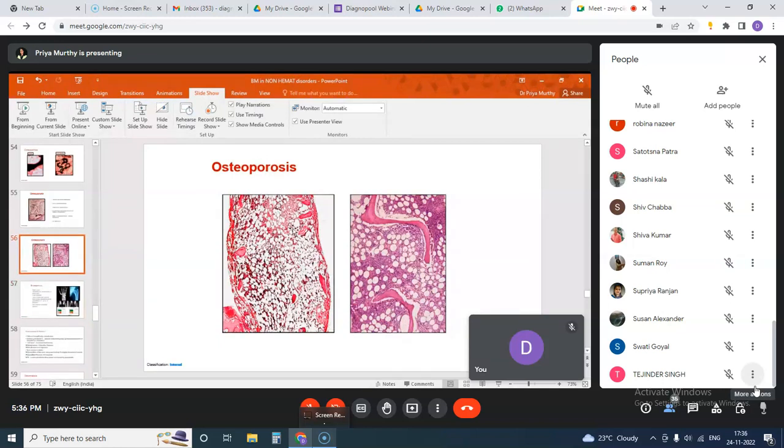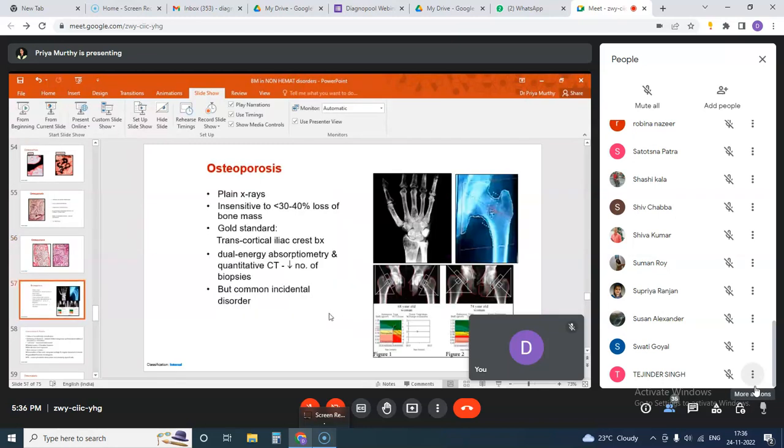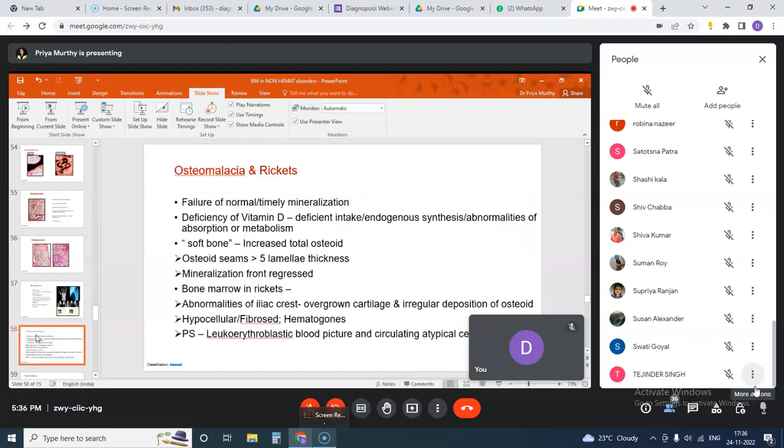These are other pictures where there is too much marrow and too little bone. You just see the small, slender bony trabeculae, and they are indicative of osteoporosis. So this is the transcortical iliac crest X-ray that we normally use to detect osteoporosis, but it can be detected much earlier when you see a bone marrow biopsy.